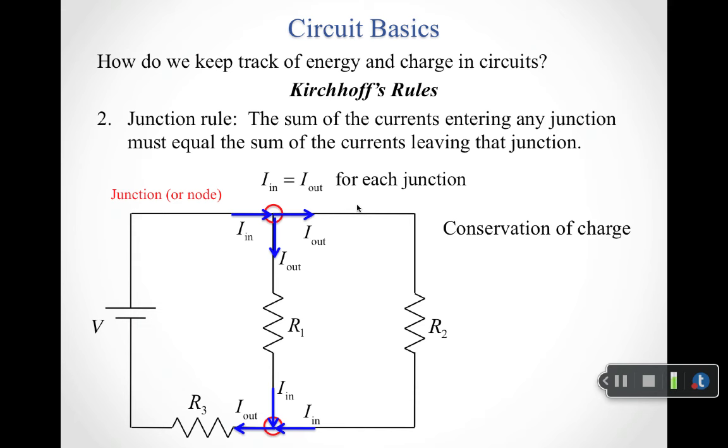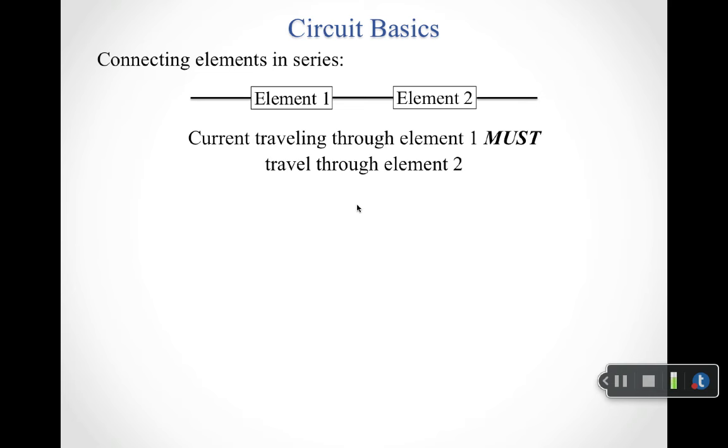So the 2 key things that we're going to keep track of within circuits are energy and charge. Our 2 Kirchhoff's rules are conservation of energy for the loop rule and conservation of charge for the junction rule.